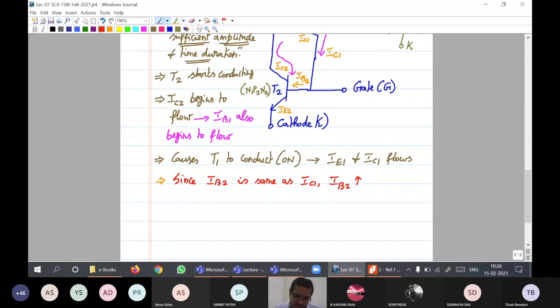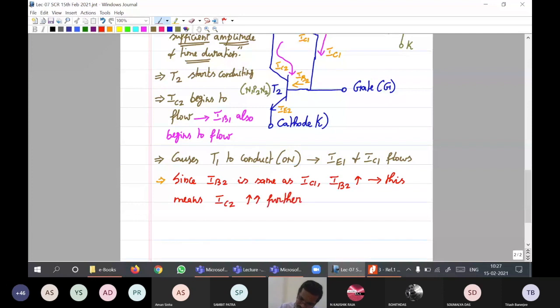When IB2 increases, transistor T2 goes further into conduction, which means IC2 increases further. This is actually a chain reaction. This causes positive feedback.